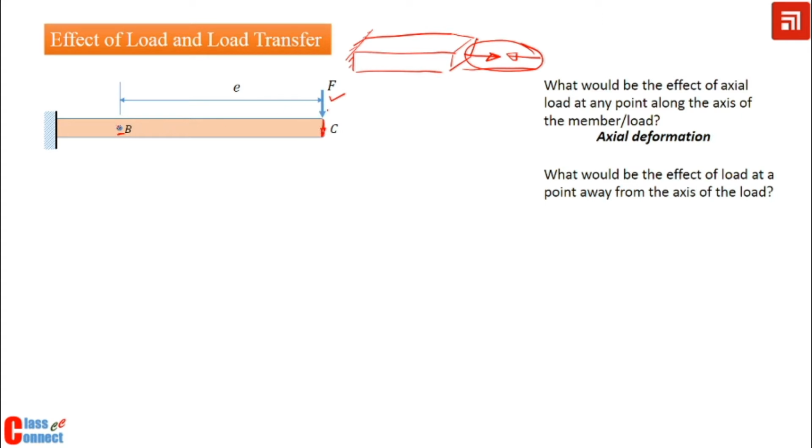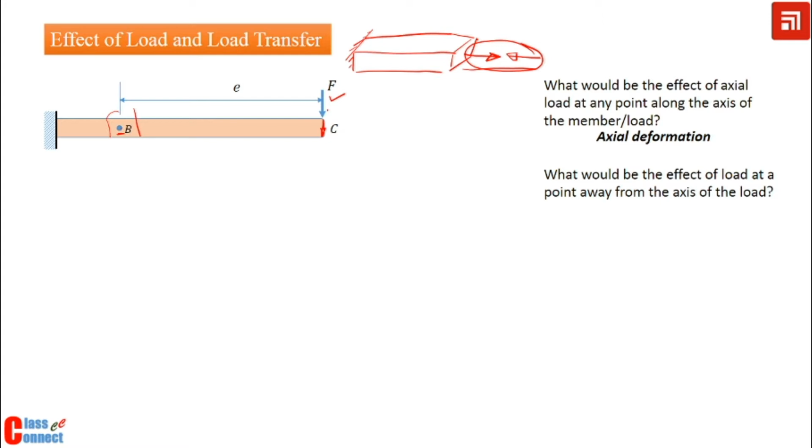So in these cases we have to transfer the load from point C to point B, and whatever system of force we obtain at point B will fix the effect of load at point B. It should be clear that whenever we are designing any component, a load is acting at some remote place, and we are interested in finding out the effect of that load at some point of interest where we feel the stresses will be maximum.